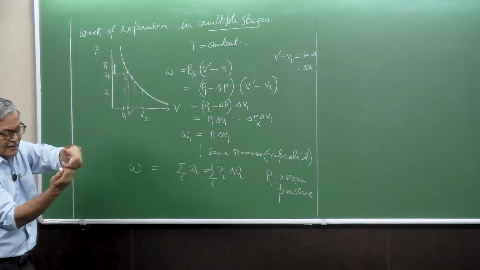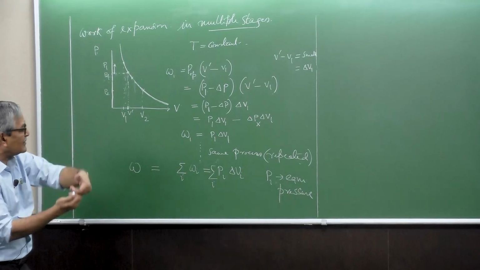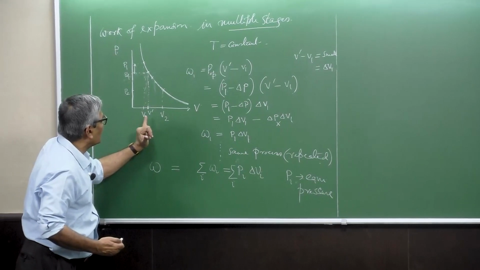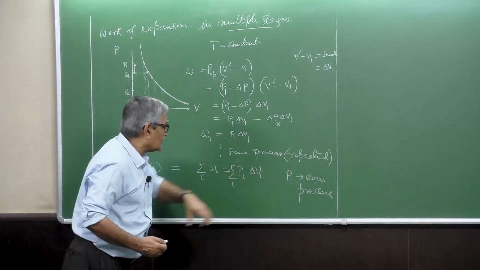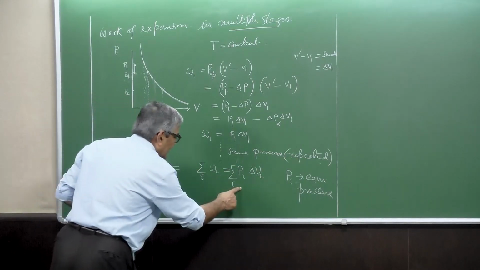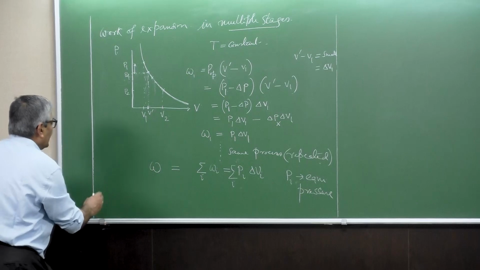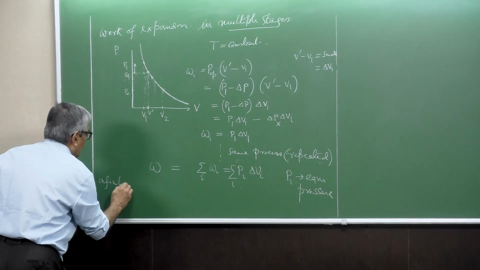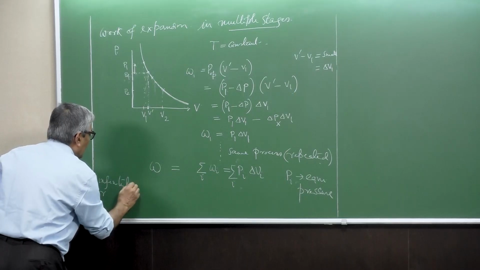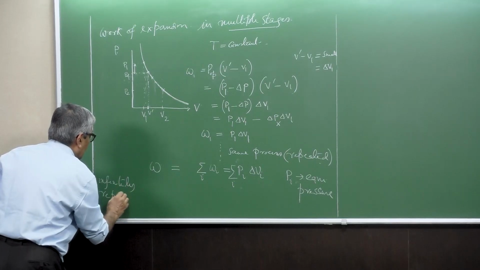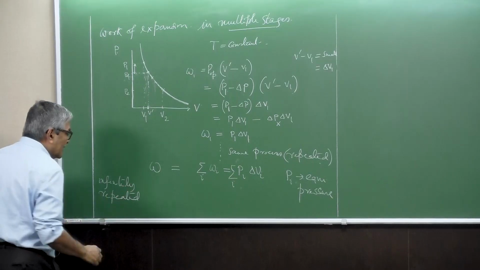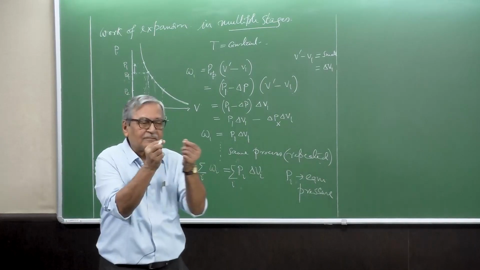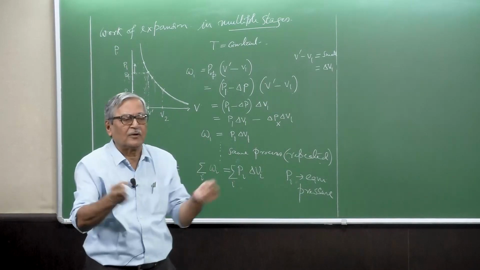So the surrounding remains the same, but the system changes slowly as it proceeds, as we go from V1 to V2. If I carry out this process and repeat it infinitely, repeated means I discretize each step in such a way that delta V is smaller and smaller.